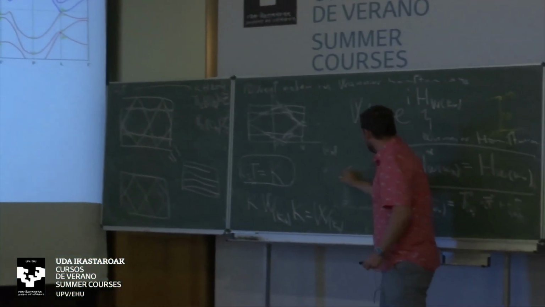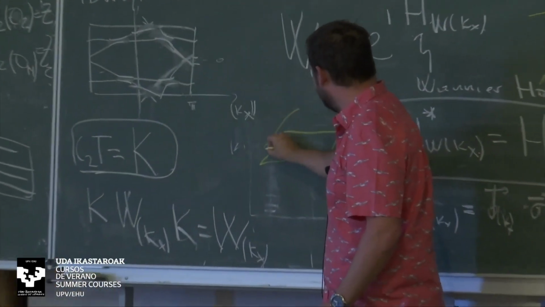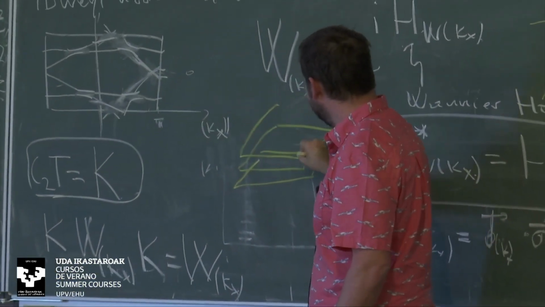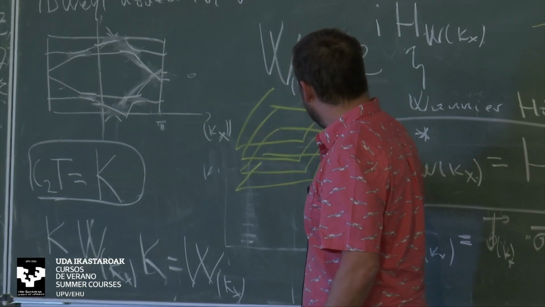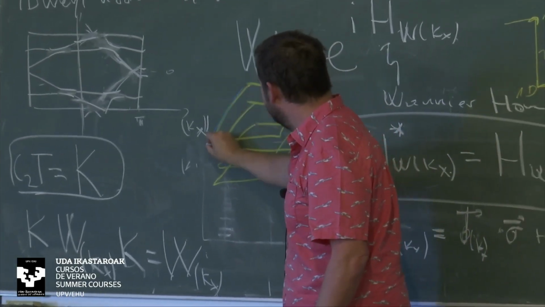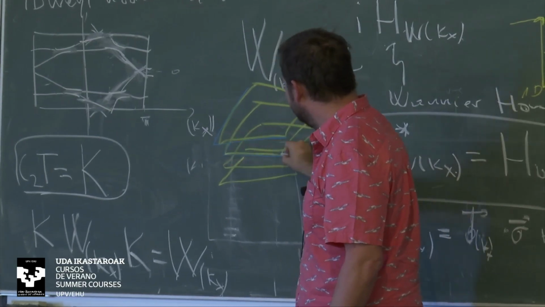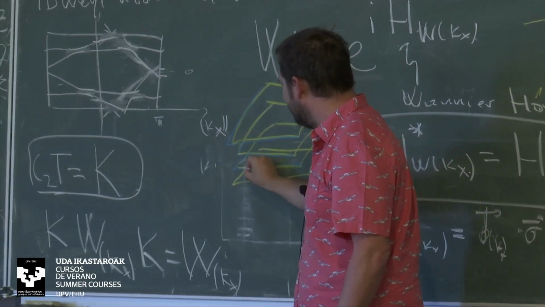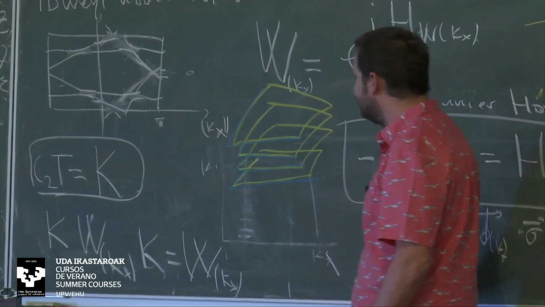So a weak topological insulator is a stack of 2D TIs, and each 2D TI has a helical mode running on its edges, on its circumference.